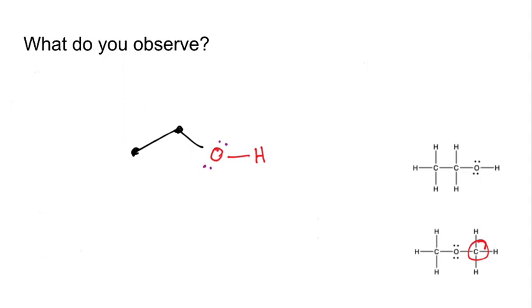Kind of, sort of? Yes? So is that the correct way to draw that? And of course, correct is a dodgy statement. This is a correct way to draw this molecule. This is also a correct way to draw this molecule. This is also a correct way to draw that molecule.